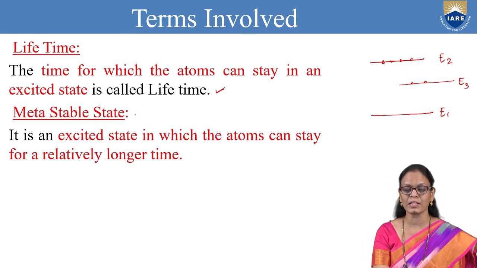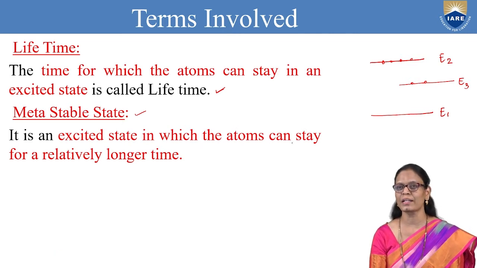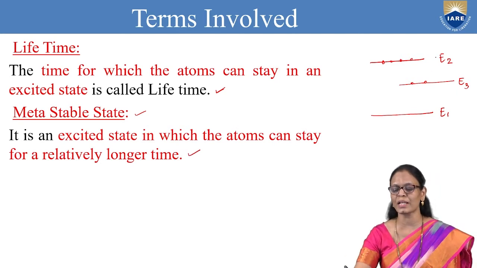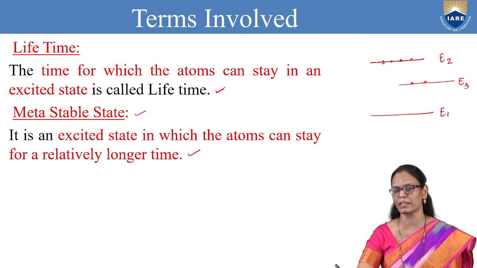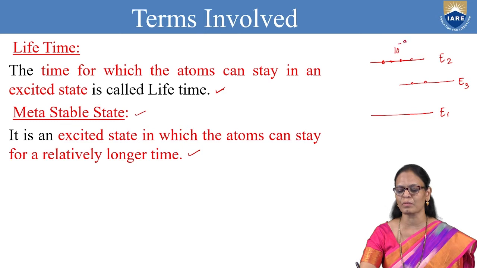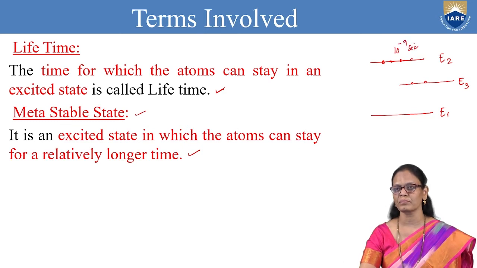Now, we are going to see the metastable state. It is an excited state in which the atoms can stay for a relatively longer time. Now, when I am talking about excited states E2 and E3, suppose in E2 the atoms can stay for 10 power minus 9 seconds. This is the lifetime of the atoms in the excited state E2. After 10 power minus 9 seconds, these atoms make a transition to the lower level on their own without the stimulus, which is spontaneous emission.